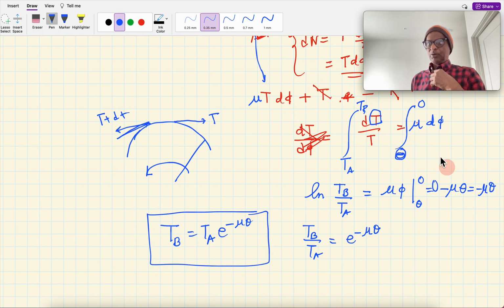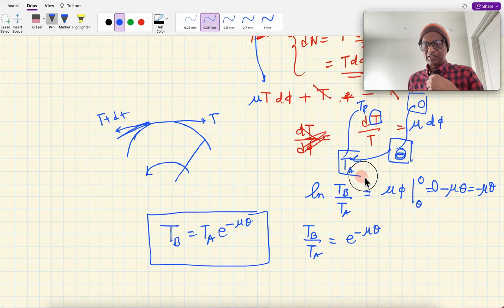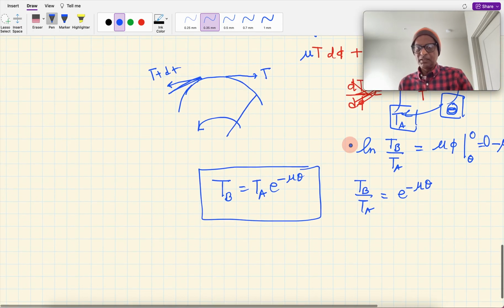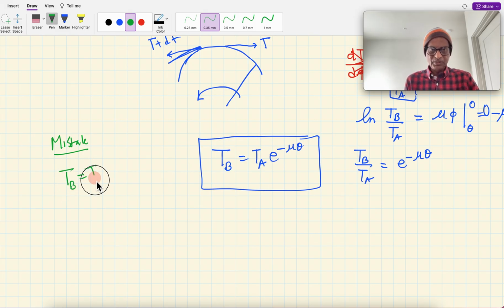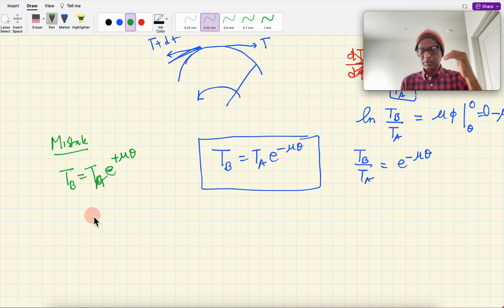Now, this corresponds to these guys. Suppose I had made a mistake there. I would have gotten TB equals TA e to the power plus μθ, if I didn't do the integration properly or didn't set the limits properly.